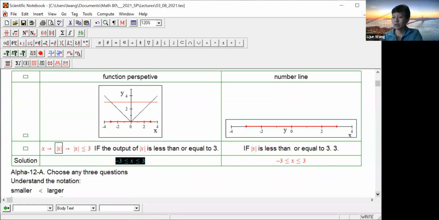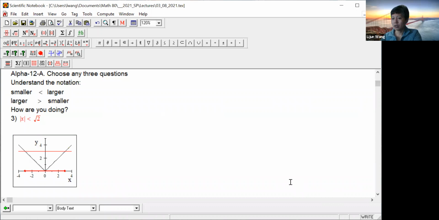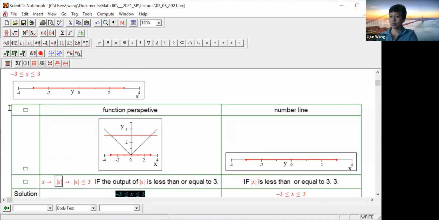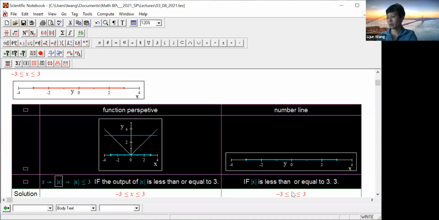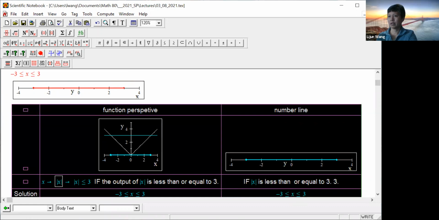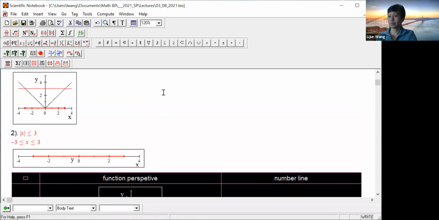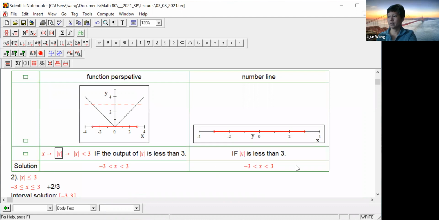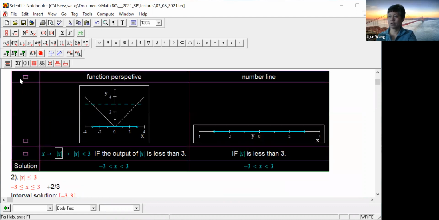Now for square root of 2, let's see what has changed.